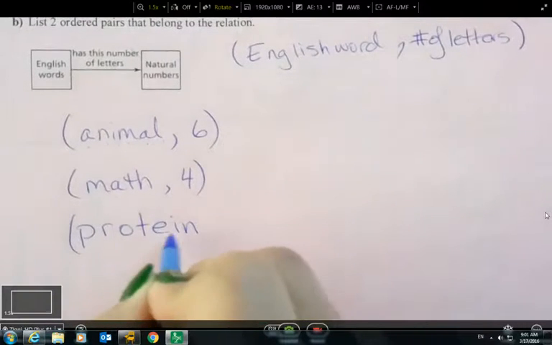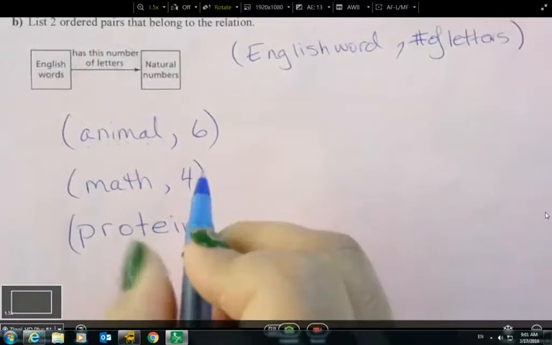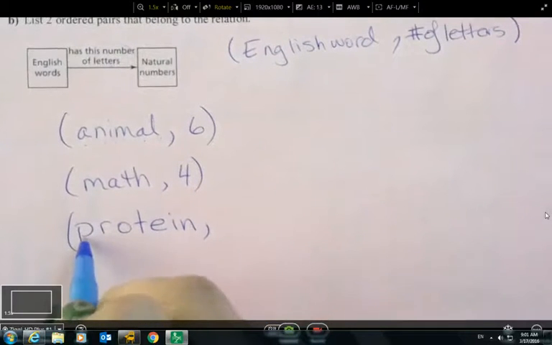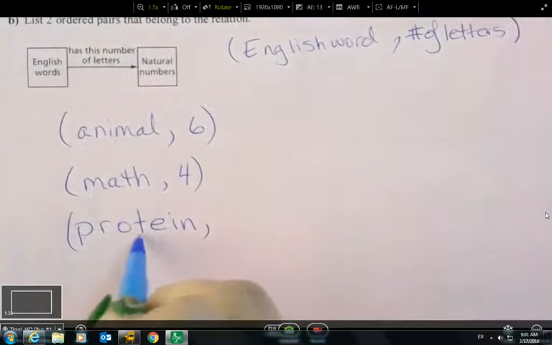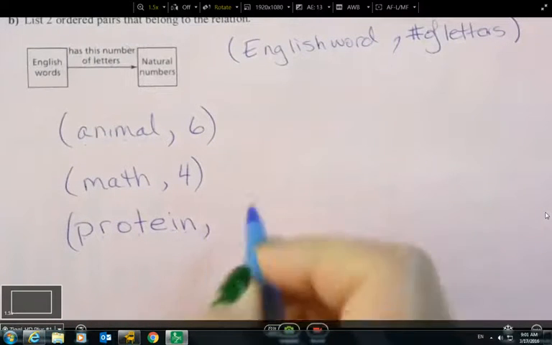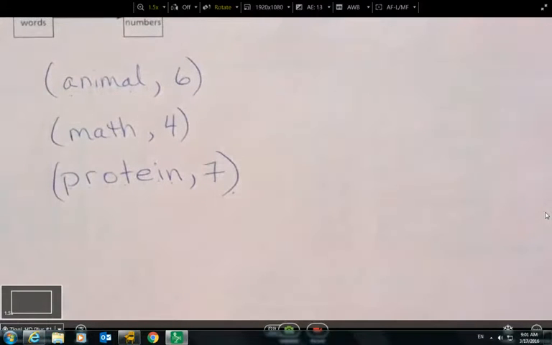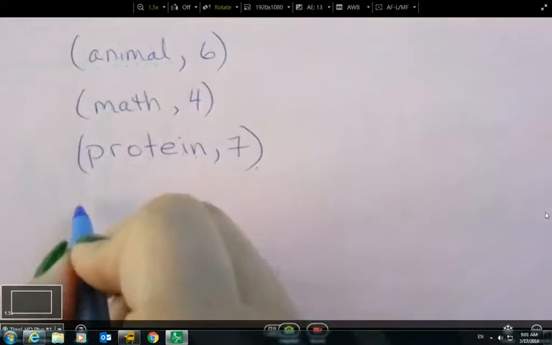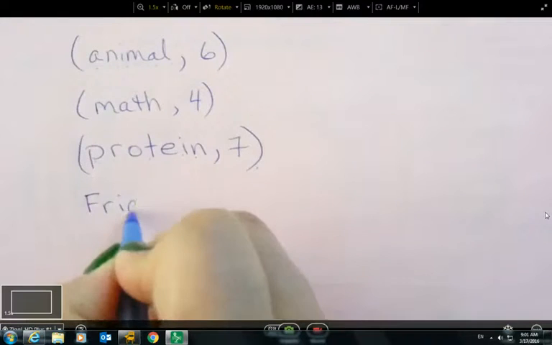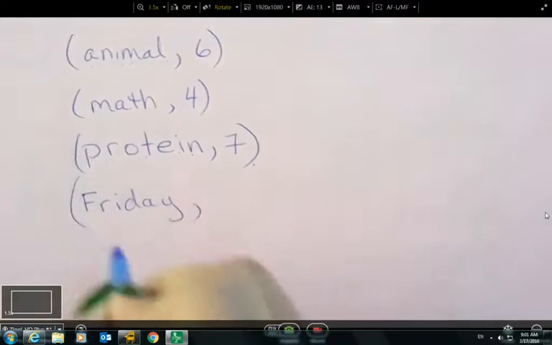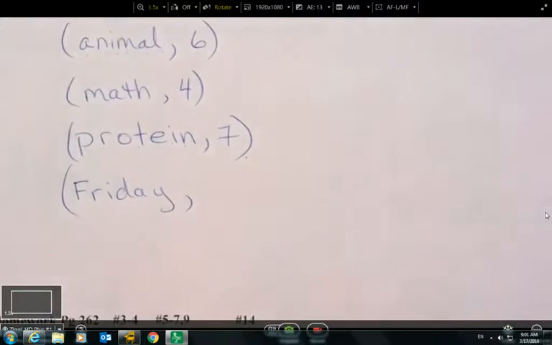I'm always afraid I'm going to mix up the E and the I. That's my thing with the word protein. Okay, 1, 2, 3, 4, 5, 6, 7. Okay. Do you get the idea? You want to do the other one? Friday. All right. Friday has 6. Okay. Perfect.